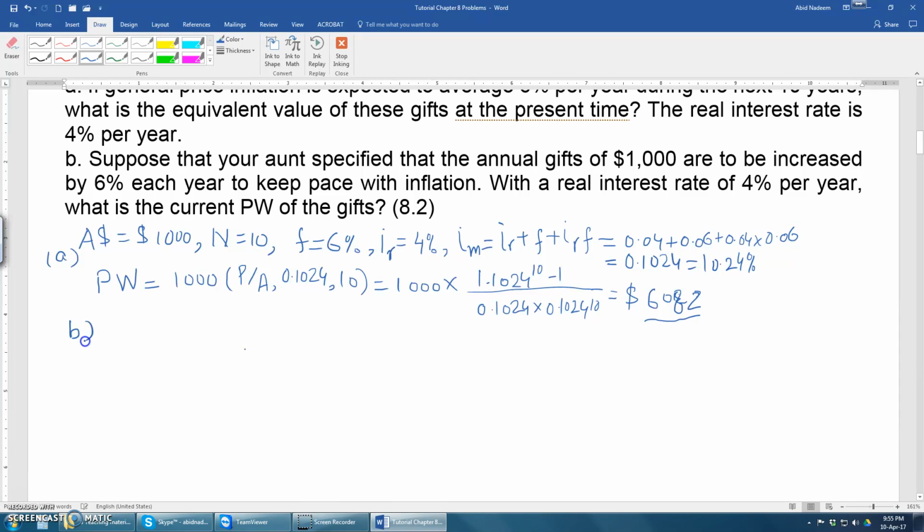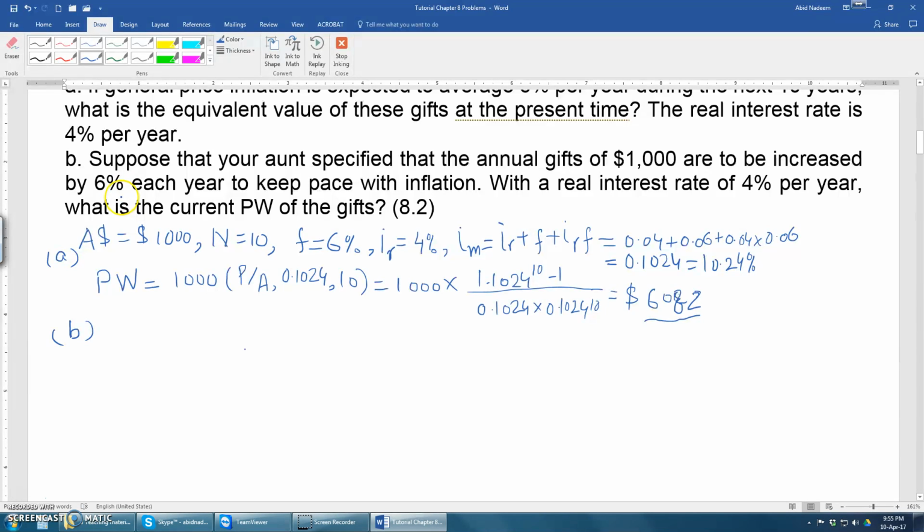Part B says that suppose that your aunt specified that the annual gift of $1,000 is to be increased by 6% each year to keep pace with inflation. So with the real interest rate of 4% per year, what is the current present worth of the gift? If you read this statement, you see that the values of the gifts are increasing by 6% each year, which is the same as the inflation rate.